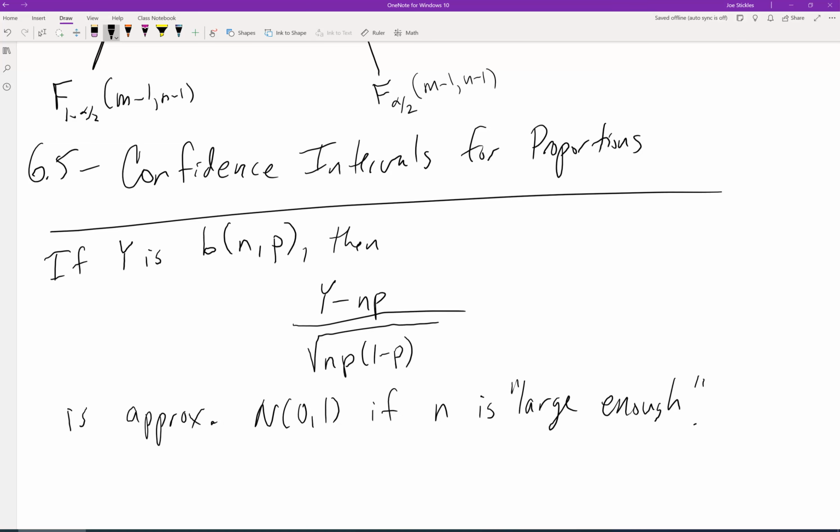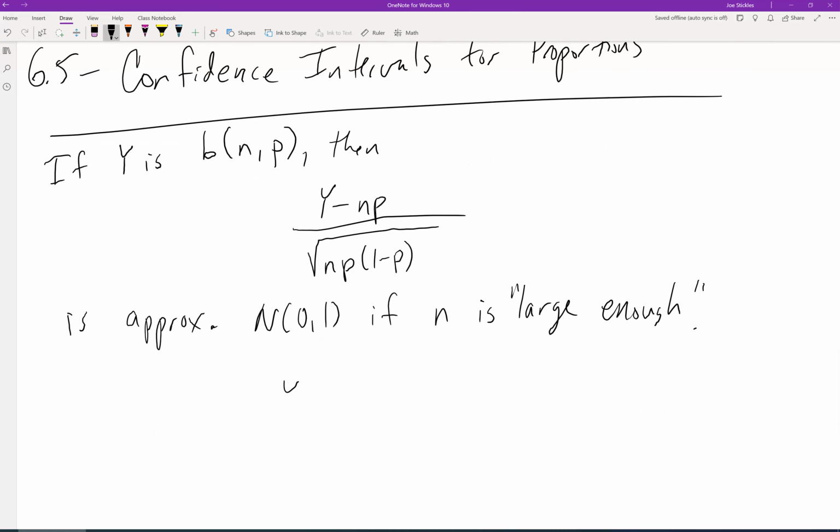For example, if you're doing polling data, the proportion of people who approve of the job the president's doing, the proportion of a population that has a certain genetic marker for a disease, those kinds of things, right? It's the p, the thing that you're trying to approximate, try to get a handle on. So to get the p as the focus, let's divide through by the n. Divide top and bottom by n.